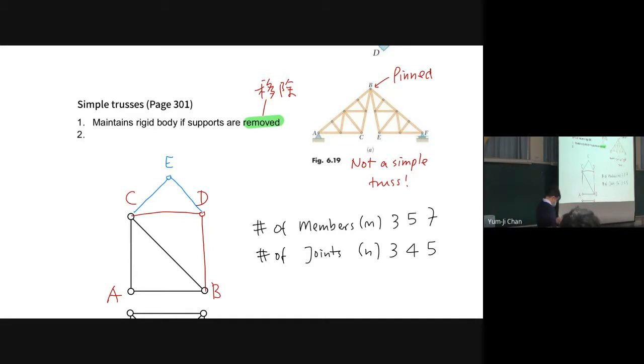Okay. m means the number of members, and n the number of joints. So we can have a relationship that m is equal to 2n minus 3.